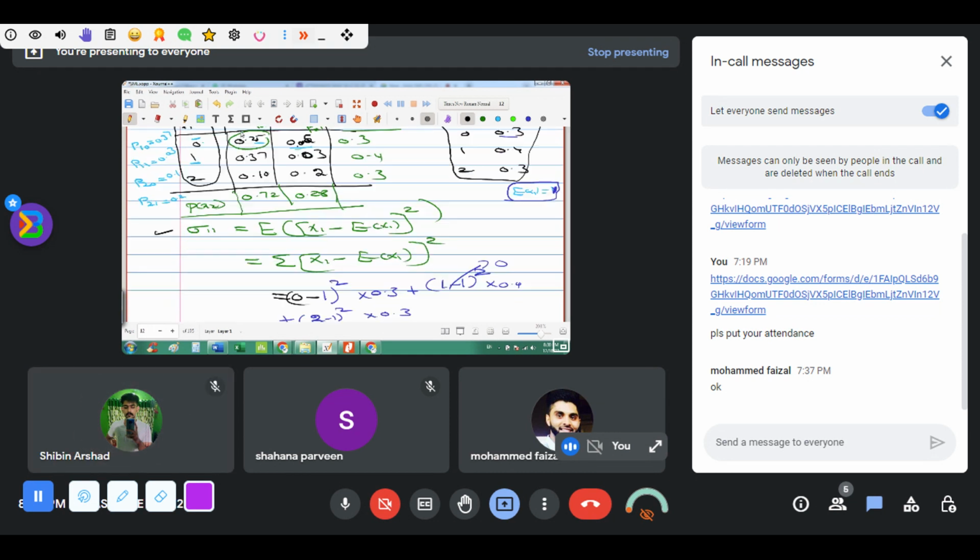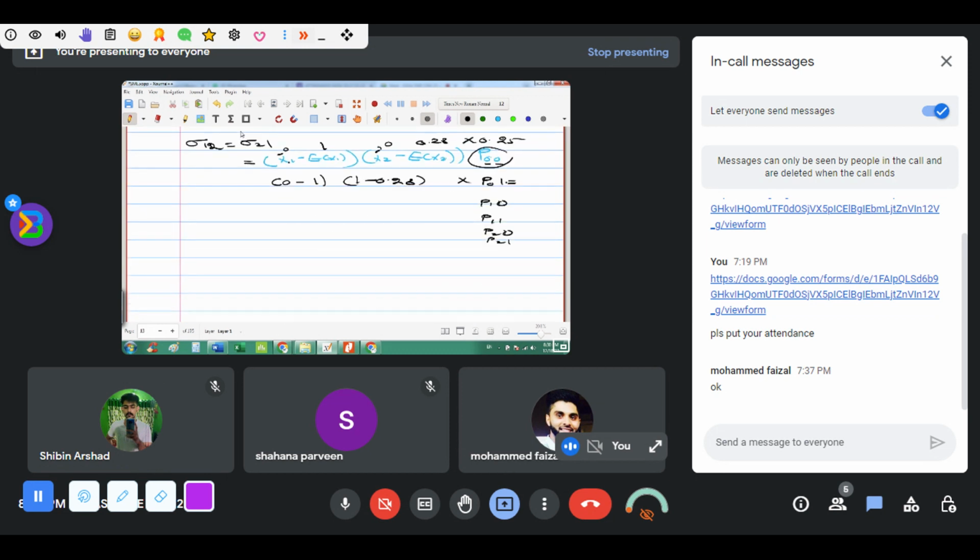Super. So understood, the remaining 4 parts you can complete. This value is 0.05. Similarly, we can find this one, with a plus sign between them.